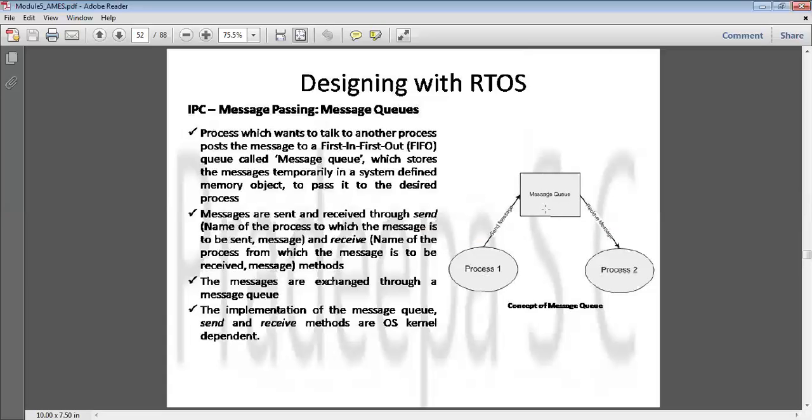With the help of these two system calls, they are sharing the data. There will be n number of messages, but they are dumped in the message queue, and whichever comes first is passed between the two processes. Again, they are OS kernel dependent.